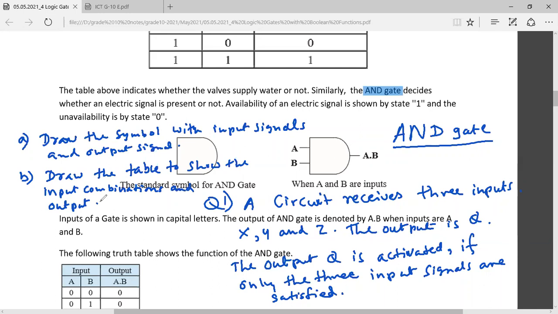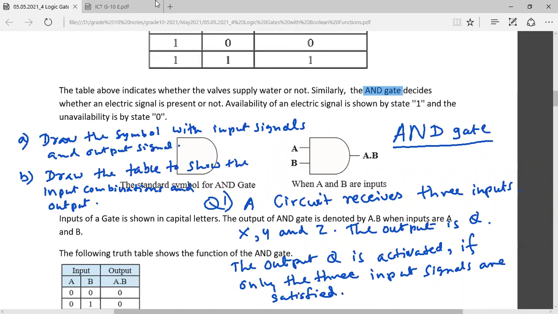Is the question clear? Do I need to read it? Tell me if I need to read it. A circuit receives 3 inputs X, Y, and Z. The output is Q. The output Q is activated if only the 3 input signals are satisfied.